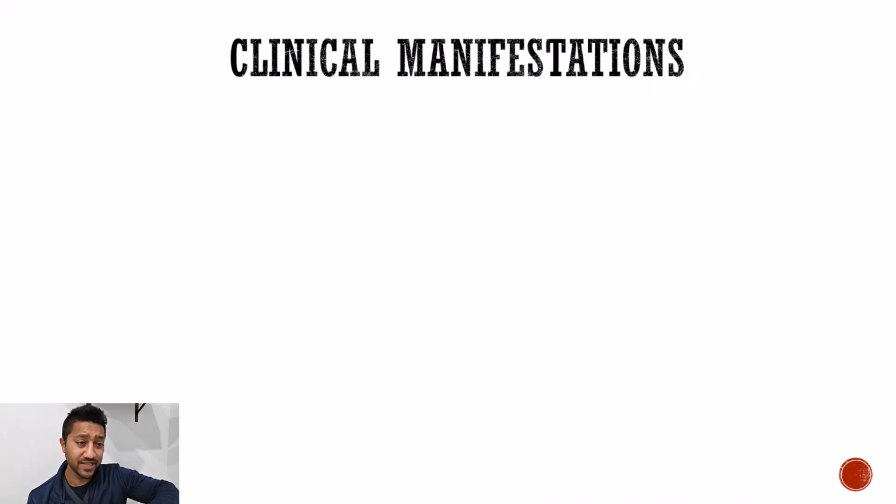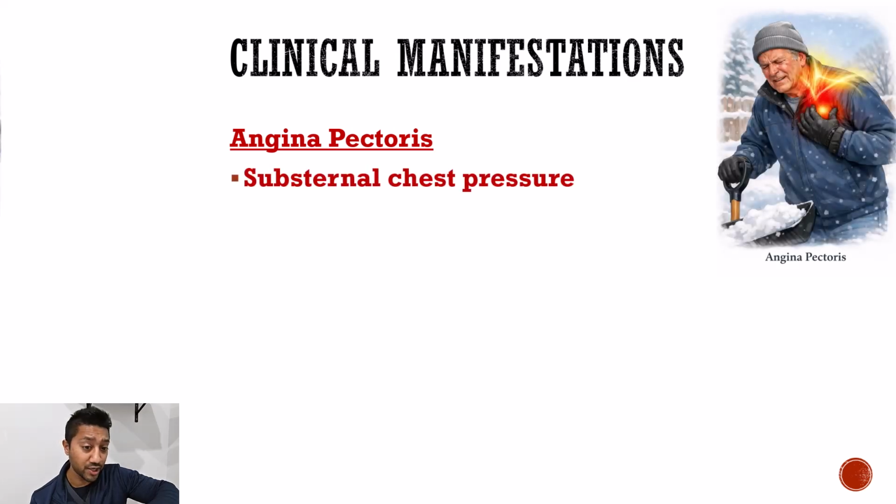Now, whether you present with stable angina or acute coronary syndrome, both of these groups of patients will present with a very classic description of their symptoms. We call it ischemic chest pain or angina pectoris. The hallmark description of angina pectoris is this classic substernal vague pressure that's usually worsened or brought on by exertion, such as shoveling or walking up the stairs.